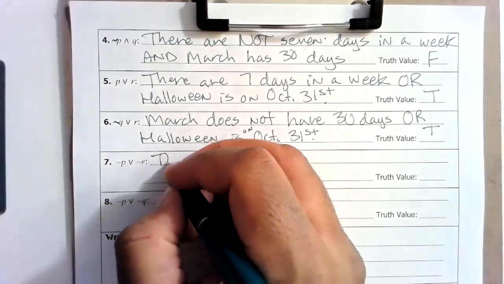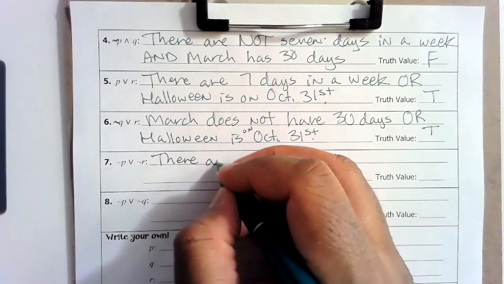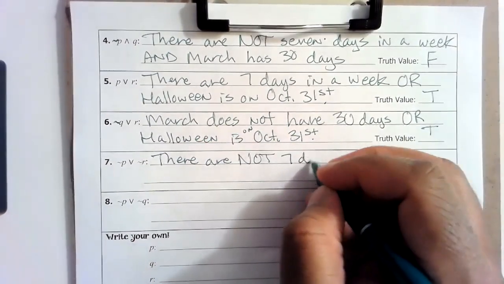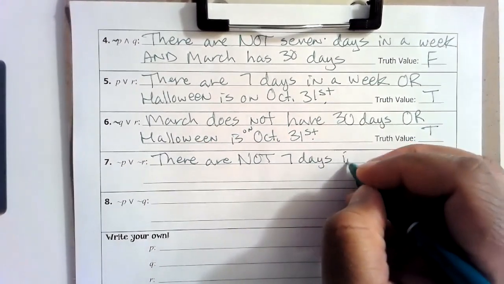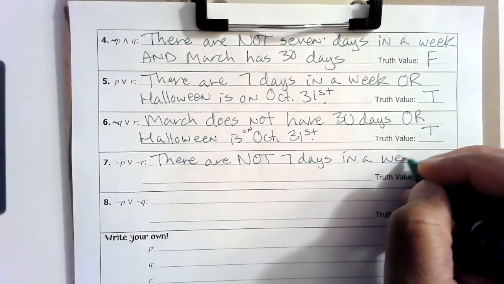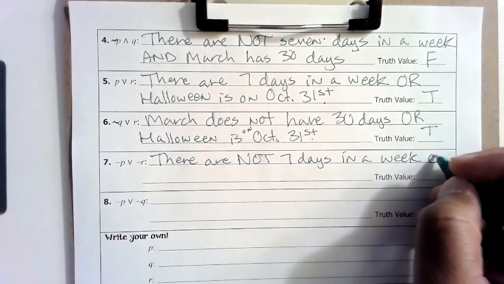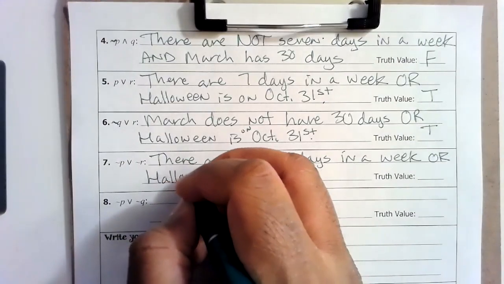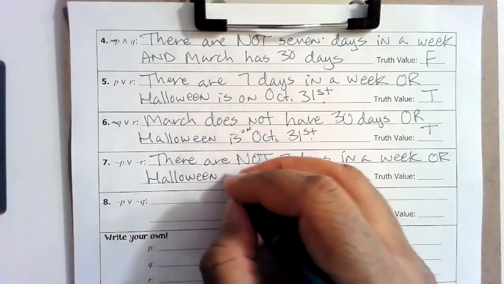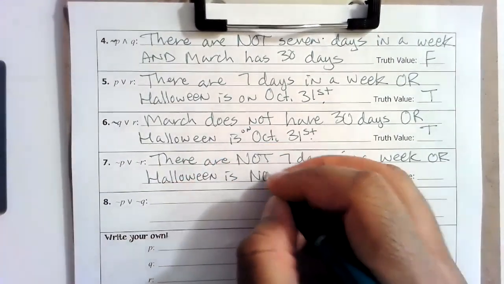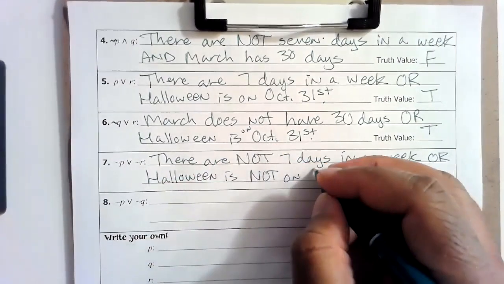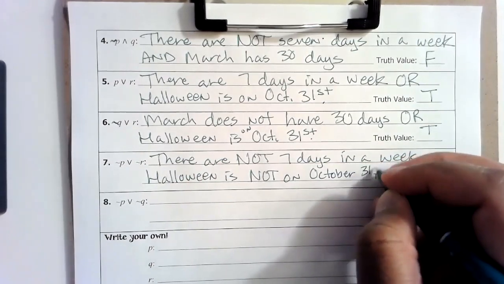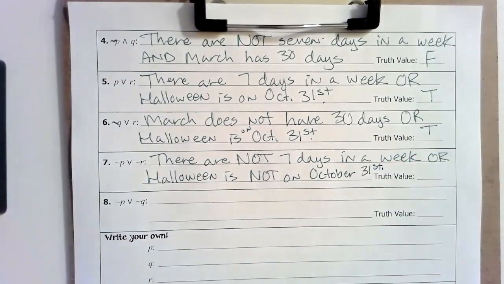So for number 7, we can say: there are not 7 days in a week, or Halloween is not on October 31st. All right, just barely fit that one in here.